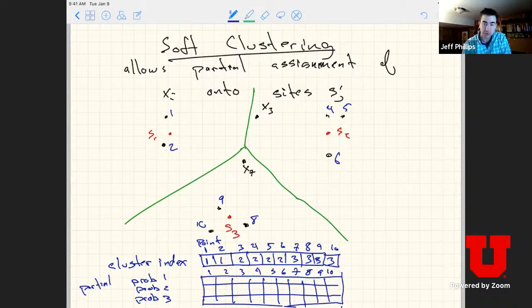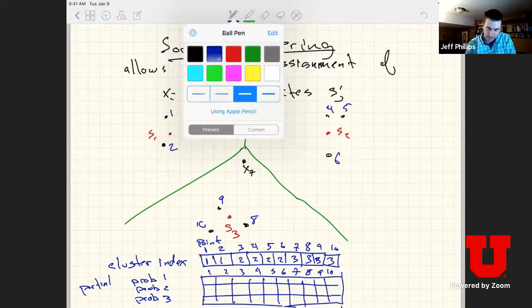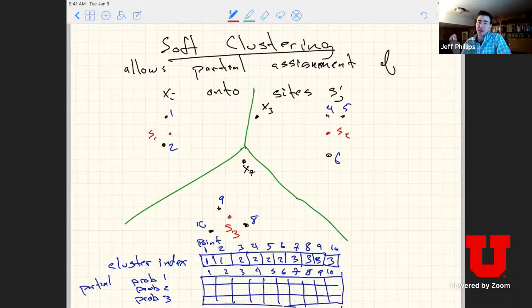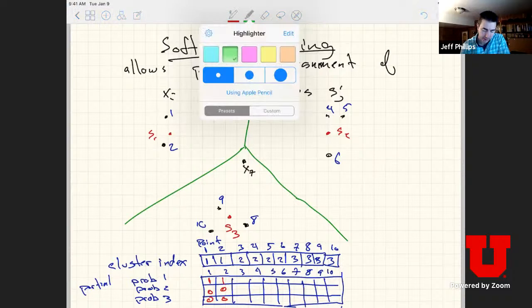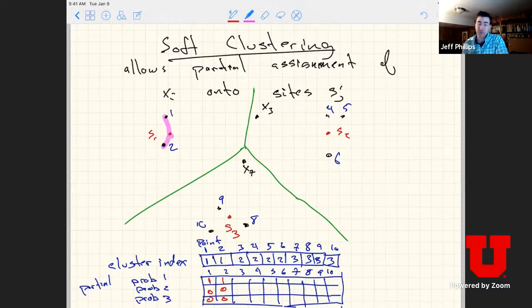Now I'm going to do a partial assignment. For point 1, in this case it's going to be entirely on index 1, so it's 1, 0, 0. So the probability assigned to site 1 is 1, right? That's for point 1. For point 2, it's going to be the same, right? These are very close to point 1 over here. But for site 3, this might be a little bit different.